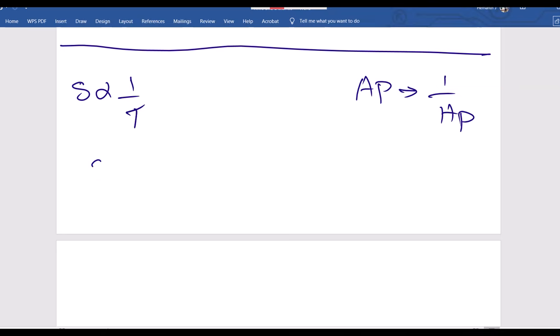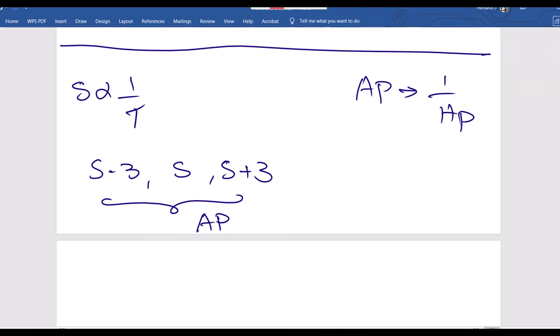Here the speeds are S minus 3, S, S plus 3. This is in AP, because the difference is 3 and then 3. Then the timings, T plus 2 for S minus 3, and T, must be in HP.